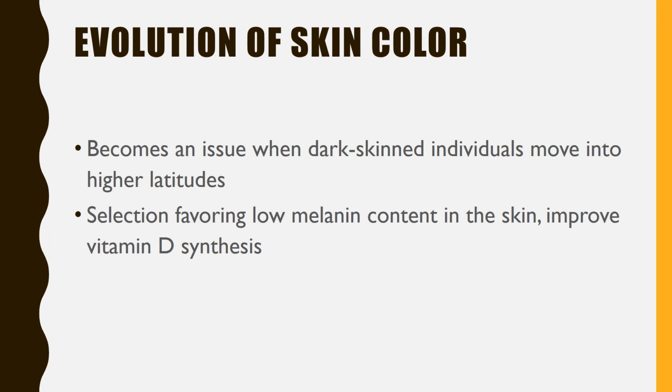So let's get back to the slide that I showed a few minutes ago that stated that around 2 million years ago, early members of the genus Homo began moving. So Homo erectus was likely a very darkly pigmented hominid due to its location in Africa near the equator.